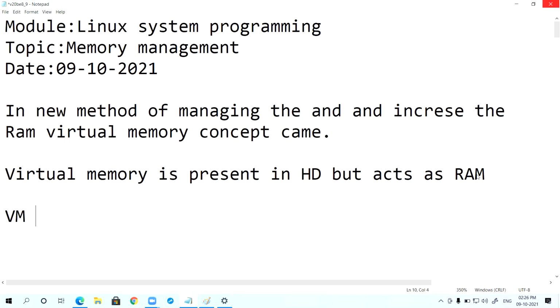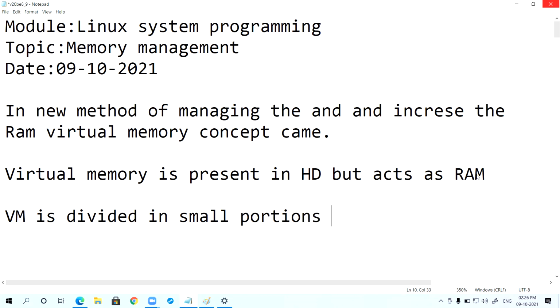Virtual memory is divided into small portions called pages.